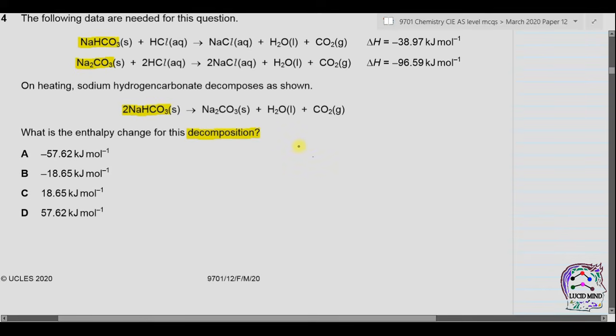So writing the main equation, we have 2NaHCO3 solid gives sodium carbonate solid along with water liquid and carbon dioxide as gas.